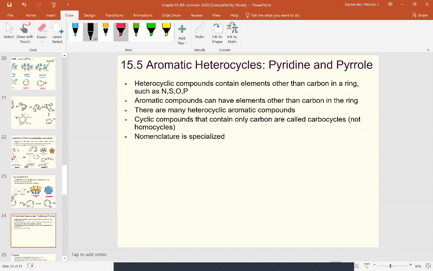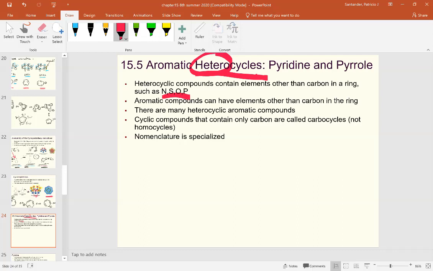Aromaticity with heterocyclic structures. When we have that prefix hetero, it means that you may have elements other than carbon. You can have nitrogen, sulfur, oxygen, phosphorus, and so there is a great variety of other elements that are suitable for heterocyclic structures.